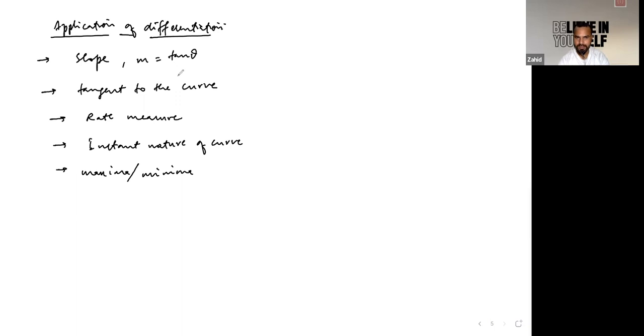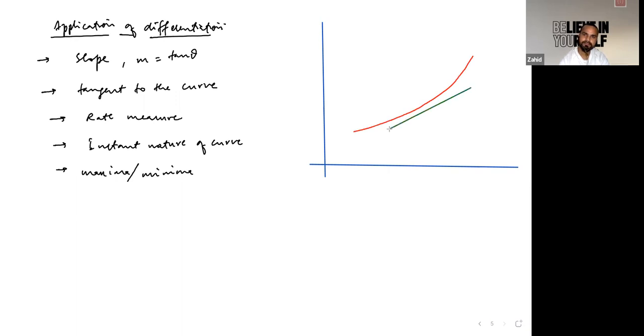If you have to calculate slope, it means tan theta. Let's say you have a curve like this. Now if you draw a tangent to it at this point, this tangent must be inclined at some angle theta with respect to the horizontal, or x-axis. So this inclination of this line with respect to the x-axis, let's say theta, is defined by this differentiation.